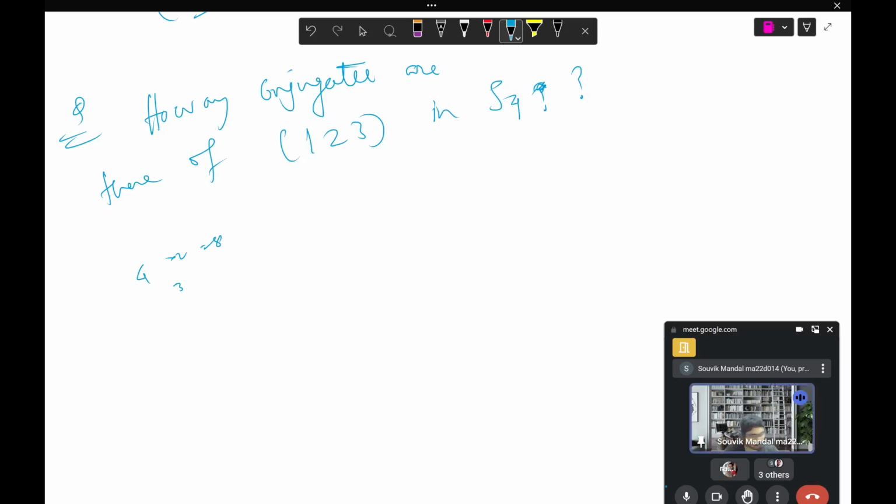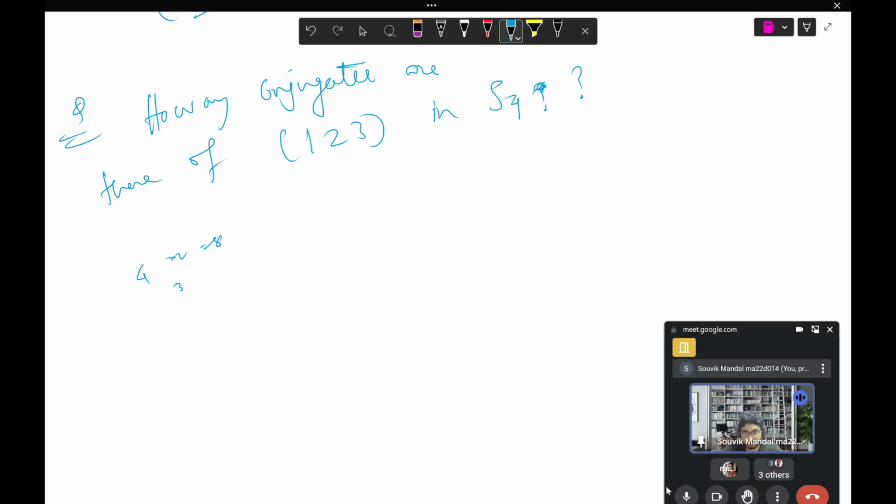Okay. So I mean, you have not used the previous fact, right? First, tell me one thing: how do you get a guarantee that the way you have calculated it is actually the collection of all possible conjugates of (1 2 3), because a conjugate means some C inverse (1 2 3) C, right?